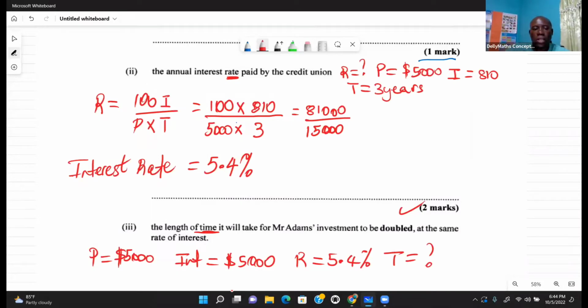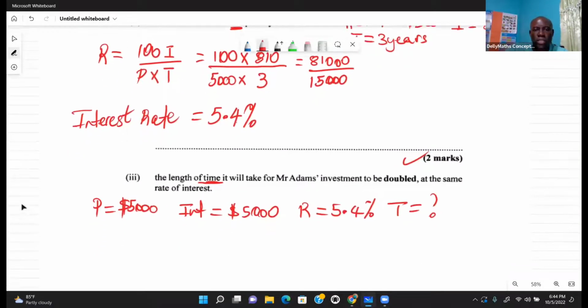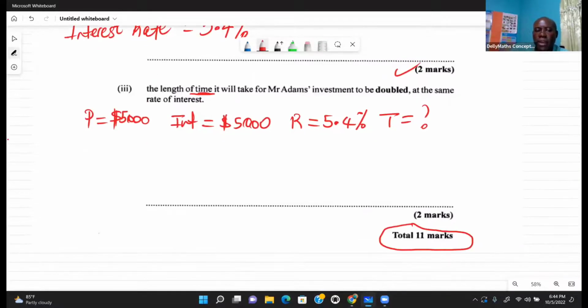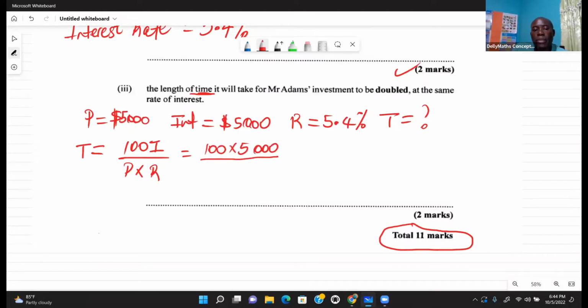Now let us push the screen up a little bit. We're going to put together the T formula. So using the T formula, we're saying 100I over P times R. 100 times our interest, but our interest is 5,000 this time, over P, which is 5,000, times R, which is 5.4.